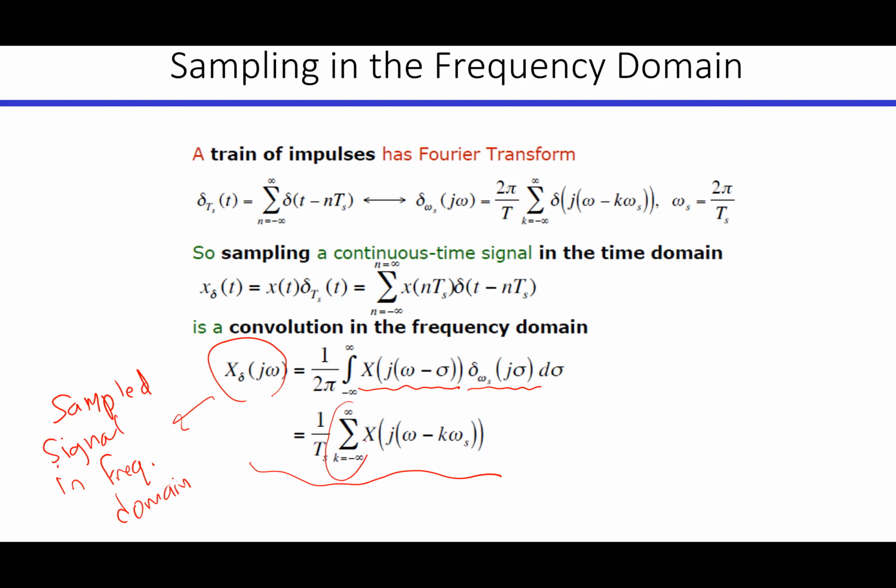Now we will have a periodic set of copies, or images, of the frequency response of our original signal at multiples of fs.